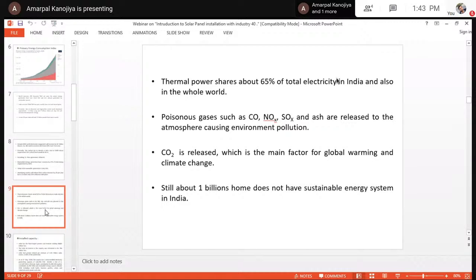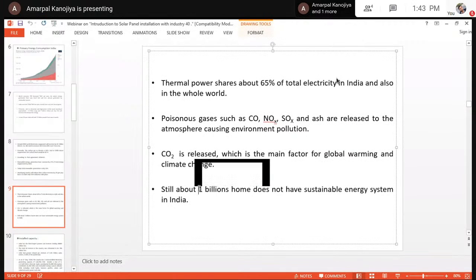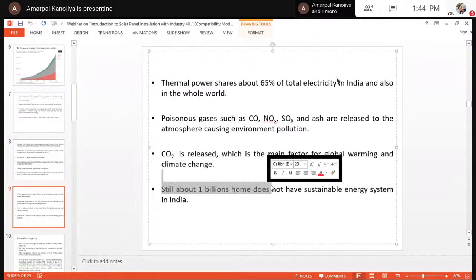Although approximately 1 billion homes in India do not have sustainable energy. If we want to match this much consumption, then imagine how much carbon emission there would be in the atmosphere in the present day, if we match this 1 billion home electricity consumption.